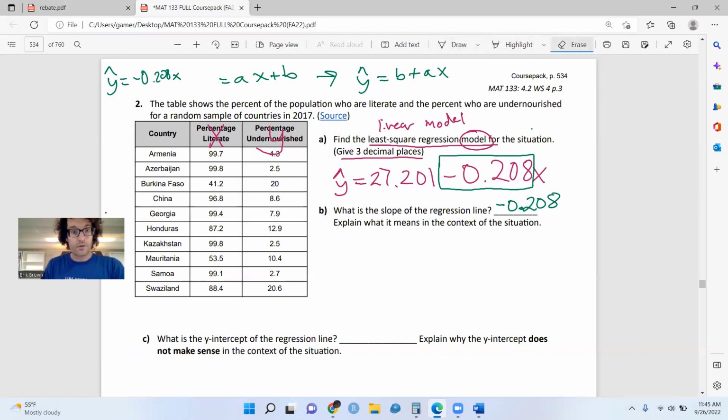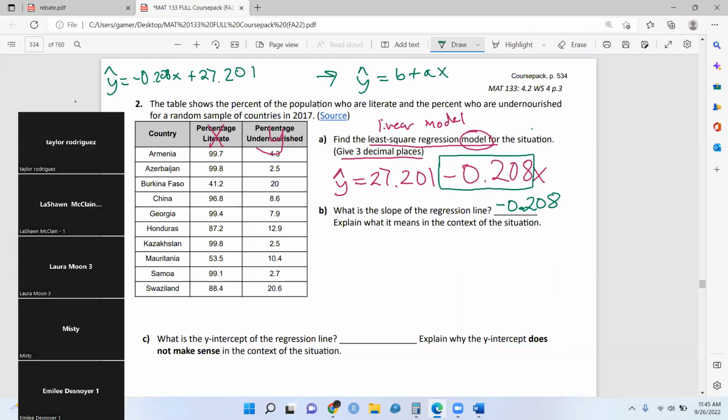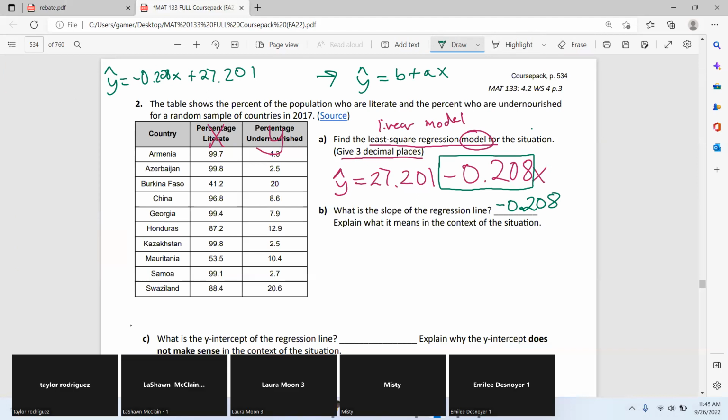Oops. Plus 27.201. So, like, it's a really bad answer that I gave you. The negative goes with the particular number. We could talk about the algebra of why that's true, but I don't know if that would be terribly helpful.